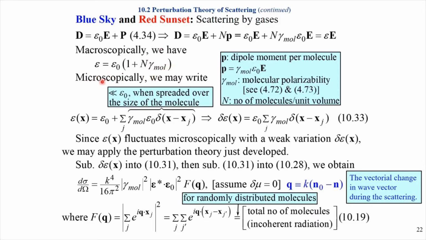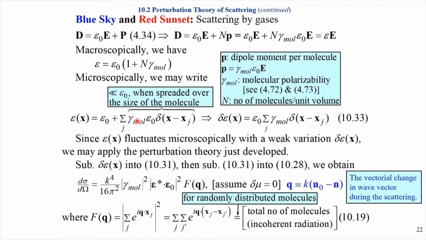However, microscopically, we may write it in this form. Epsilon depends on position: epsilon 0 plus gamma mol epsilon 0 delta(x minus xj). j is the position of the molecule.